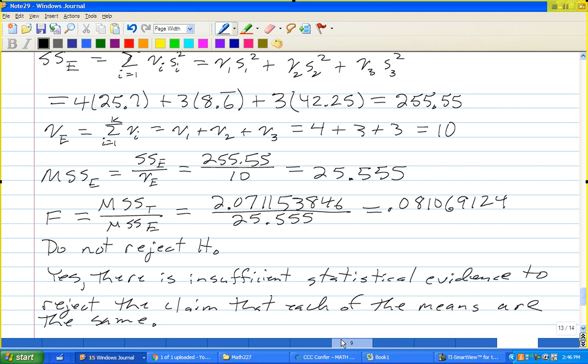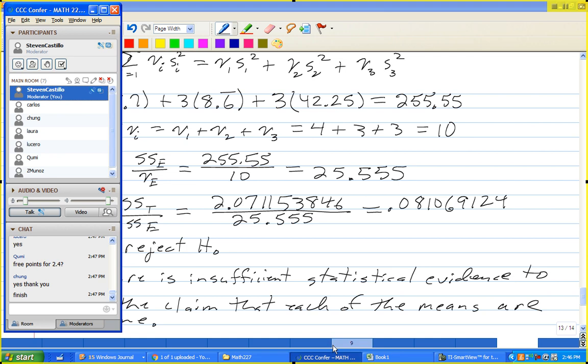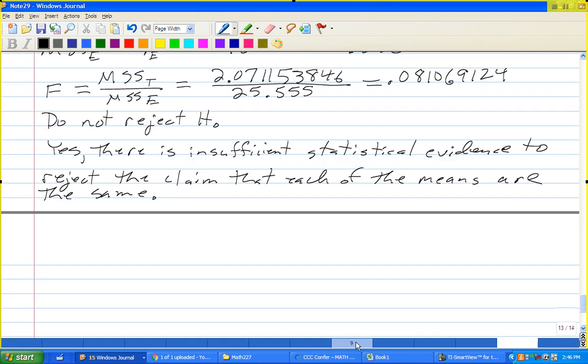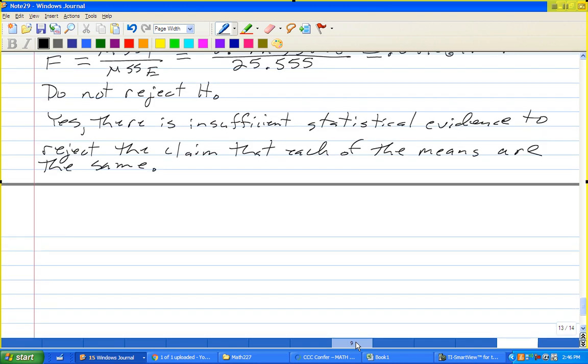So 2.5 will be really nice too, because 2.5 will be really short. Done? Finished. Okay, everyone's done? Okay, good.